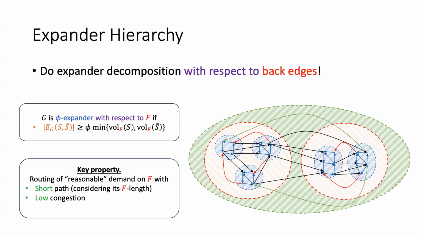So ideally, we do the first expander decomposition, we get some back edges, and now we do another expander decomposition with respect to these back edges. And because the volume now is smaller than before, the expanders that we get will be larger, and they will form a laminar structure.